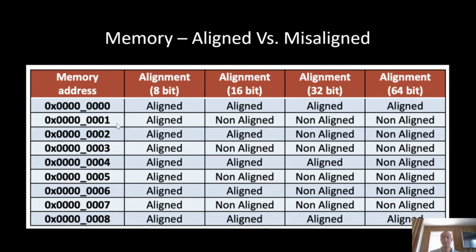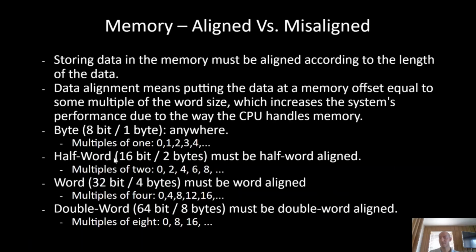If you start somewhere here, let's say at 1, and you go 4 bytes, you are passing this 4, which is a boundary. For the CPU to do that, it cannot do it as one read. You have to read these bytes separately, and that's very inefficient.